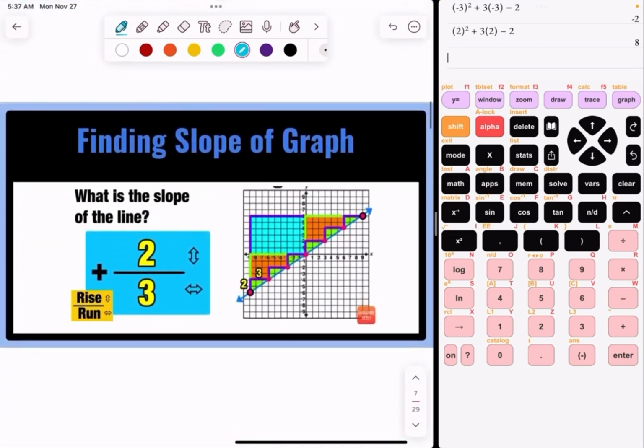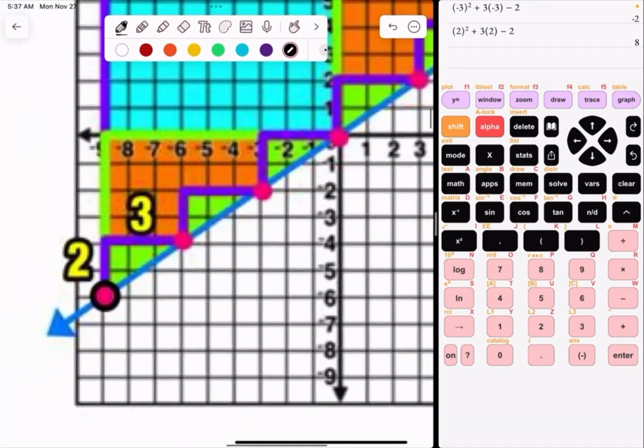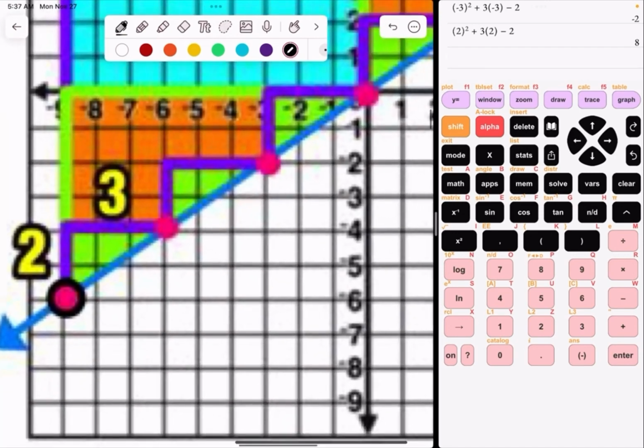Alright, how do we find the slope of a graph? To find the slope of a graph, we use this famous formula called rise over run. This is where we first look at how much do we go up or down. Then we look how much do we go left or right to get from one point to the next. So you go to your graph and you look for actual points on the graph. What does that mean?